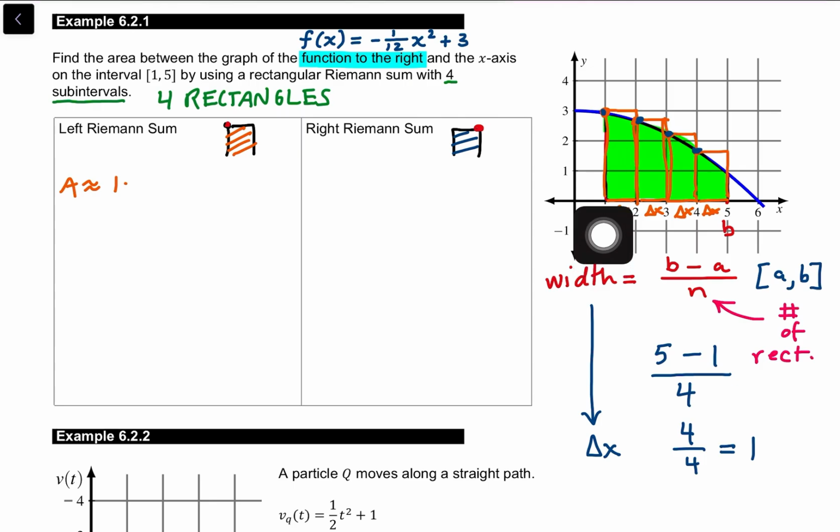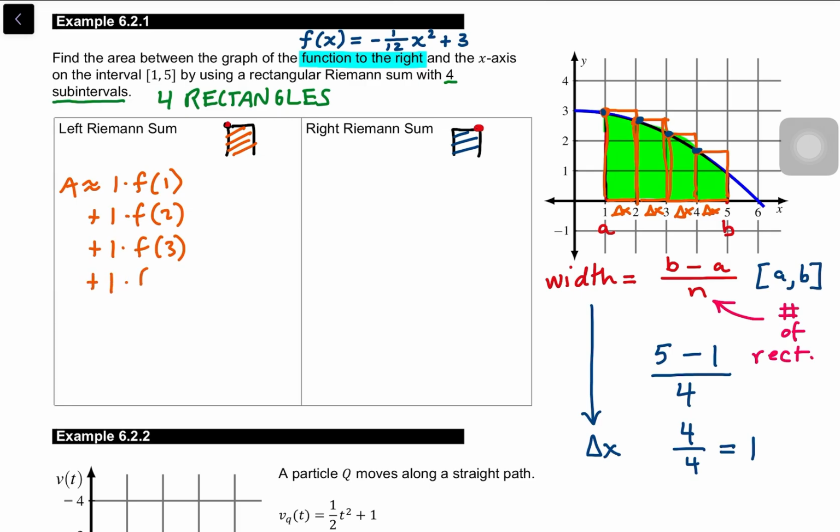Well, I use the left side, so it's the function evaluated at 1. 1 times f of 1 plus 1 times f of 2 plus 1 times f of 3, and so on. It's essentially delta x times the function value at that particular point. And remember, all these 1s come from the delta x calculation that was down here.